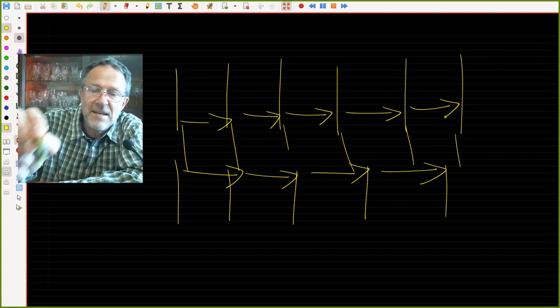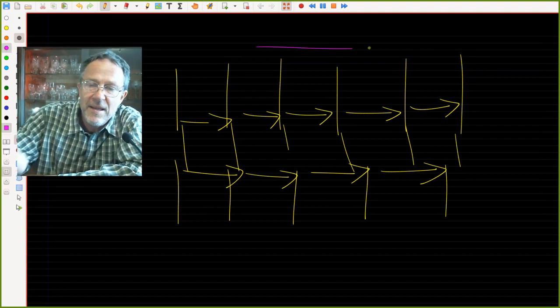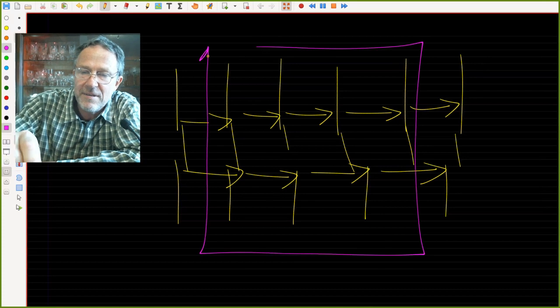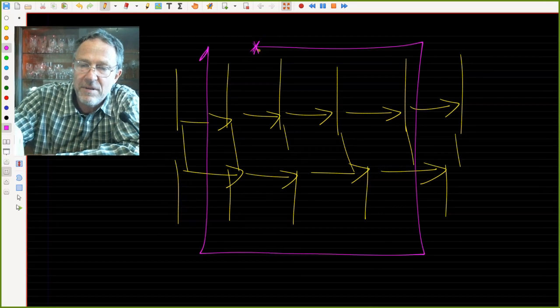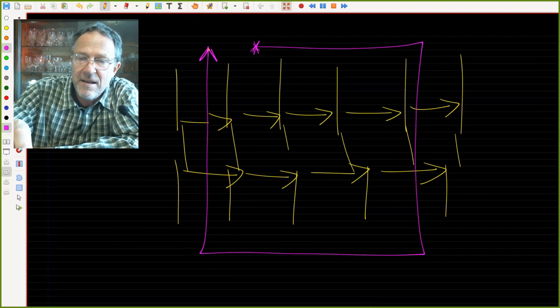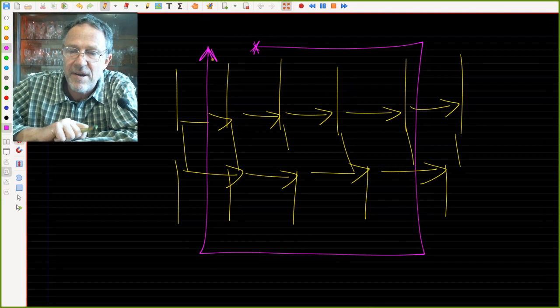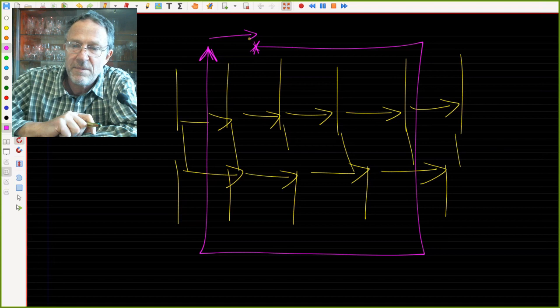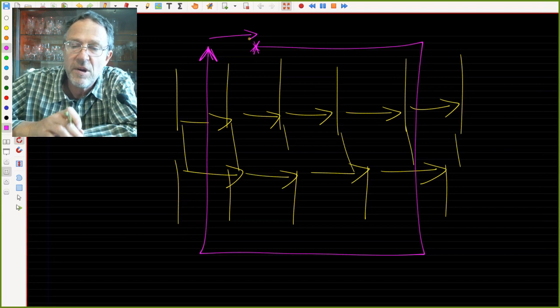And we can see that when we go around in larger loops. If we go around a loop here and we do not end up at the same point where we started, let's say we started there and end up at the arrowhead, then this displacement is called the Burgers vector. Is this your question?